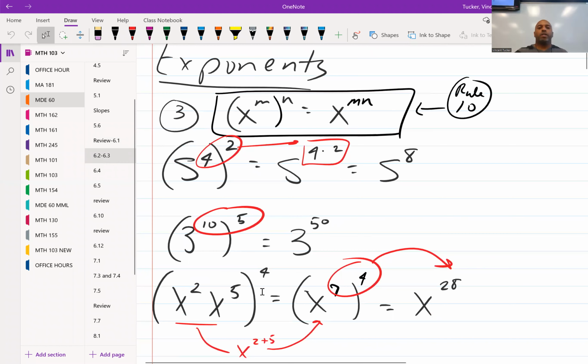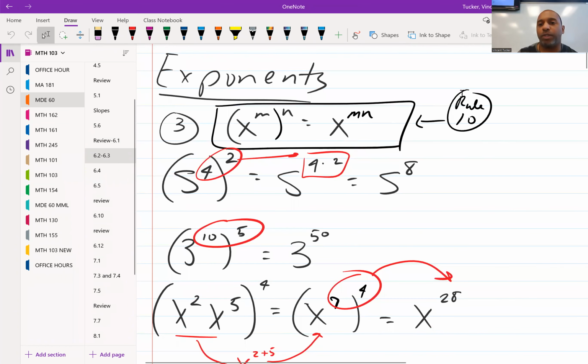All right. So let's look at the next one. This was actually rule 10 for us because I remember I did that last one out of order. So whenever you're raising a power to a power, you're going to multiply those exponents. So if I have s to the fourth raised to the second power, that's going to be s to the 4 times 2, which is s to the 8th.